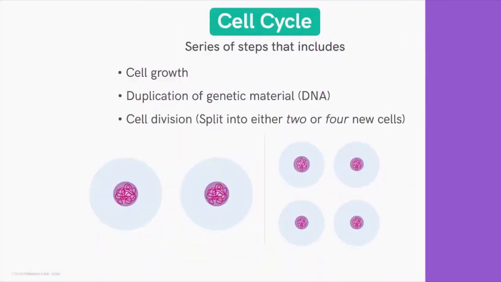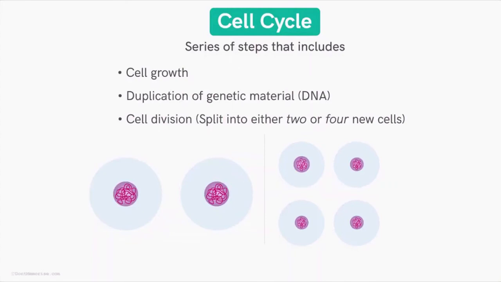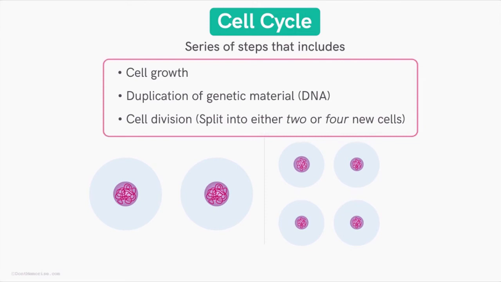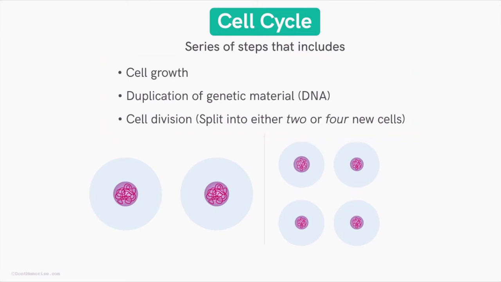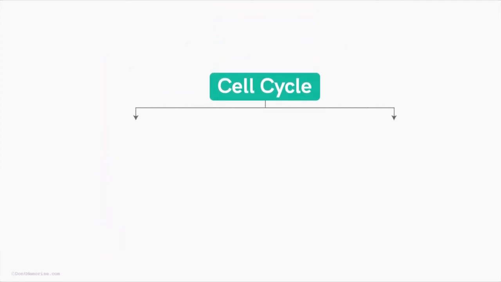Now getting back to the cell cycle, as the name suggests, the process occurs in phases or stages, the series of steps that repeat in a cyclic manner. But for our convenience, we majorly divide a cell cycle into 2 phases. The first phase is called the interphase, and the next is the M phase, which represents either the mitotic or meiotic phase.